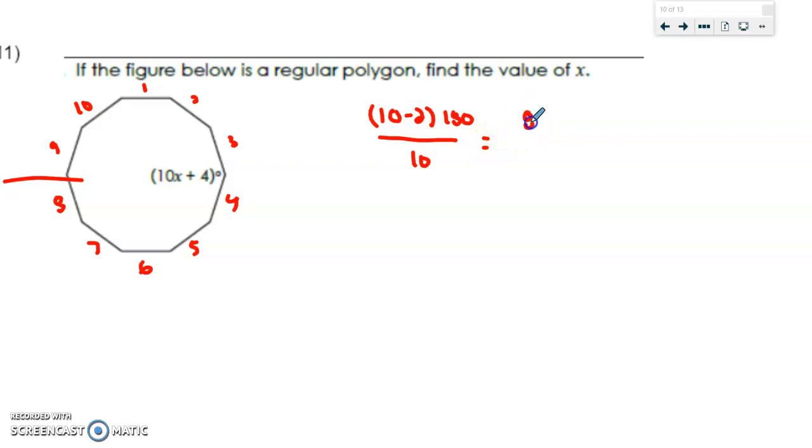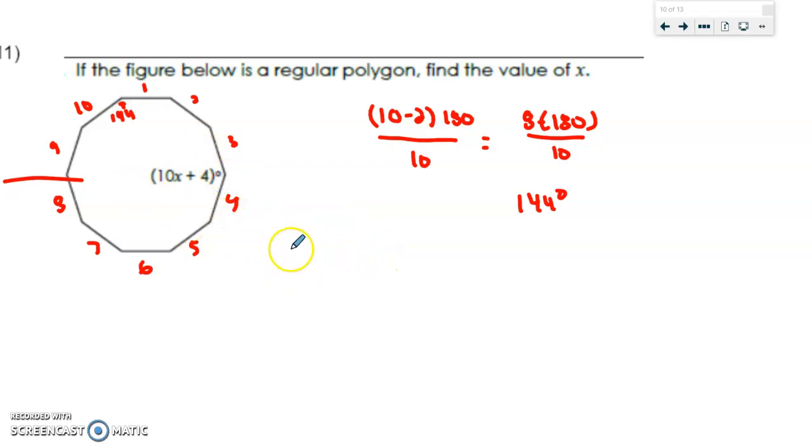So I got 8 times 180 over 10, and you would get that to be 144 degrees. So all of these angles are 144 degrees.